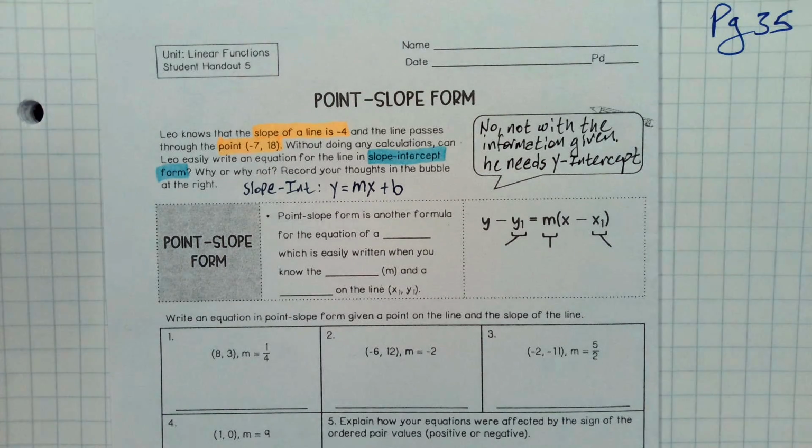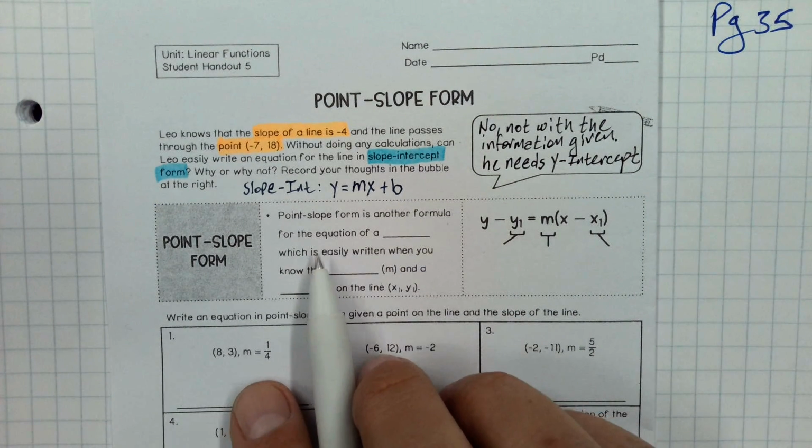Okay? And that's basically why point slope came about. Because when you don't have the y-intercept right away, eventually it'd be nice to have it and we'll learn how to get there. But when all you know is a point and a slope, this is what you use. Okay? So point slope form.